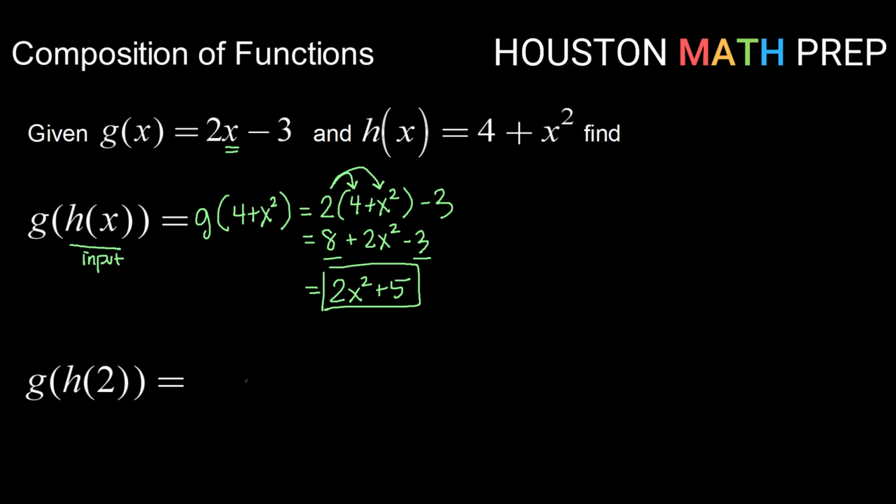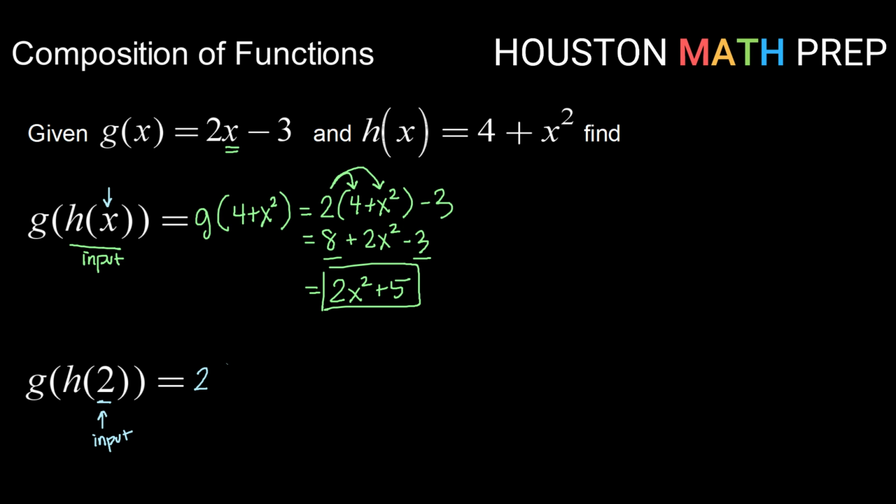So now that we've created this new function using function composition, we can also evaluate that function at differing values of x. So here, g of h of 2 tells me to, in my new function that I created, replace my inputs of x with 2.